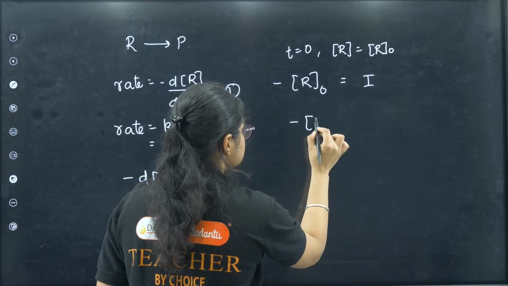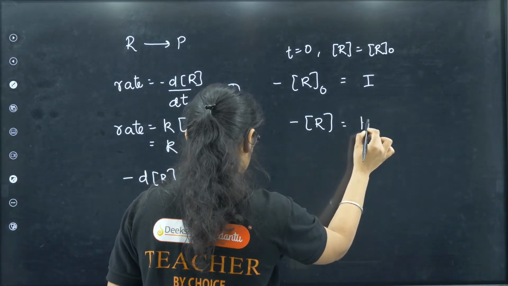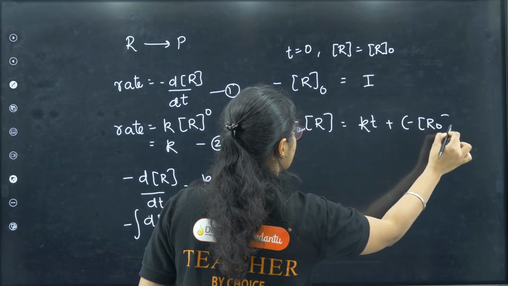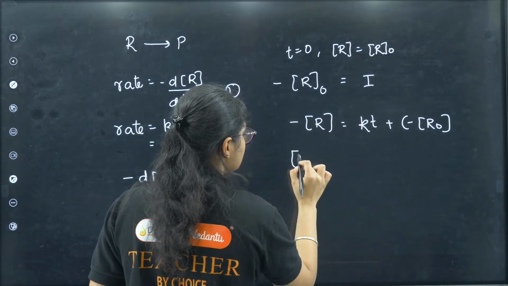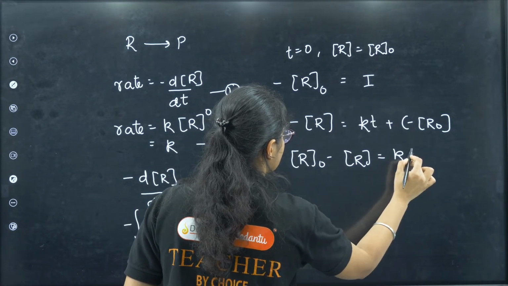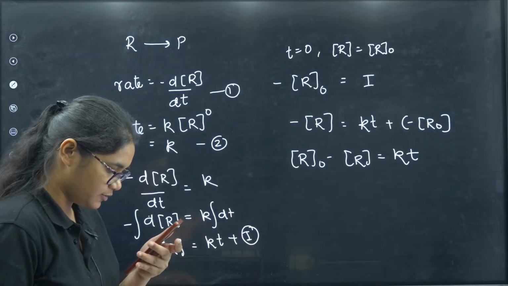So I have minus R is equal to Kt plus minus R0. I will take this to this side, and I get R0 minus R is equal to K into t. So that is your derivation for the zeroth order.